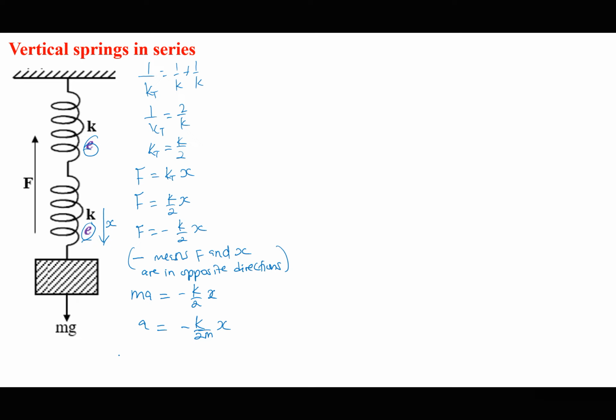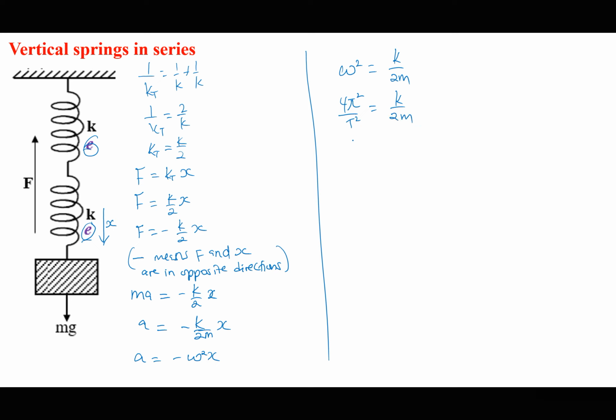We are going to compare with a equals negative omega squared times x. So omega squared is therefore going to be equal to k divided by 2m. But remember, omega is 2 pi over T, so I will simply say 4 pi squared over T squared is equal to k divided by 2m.